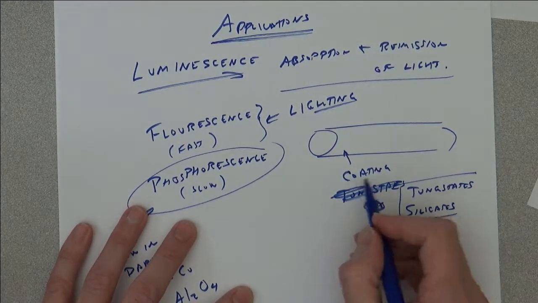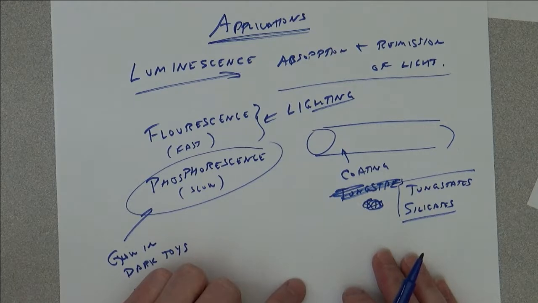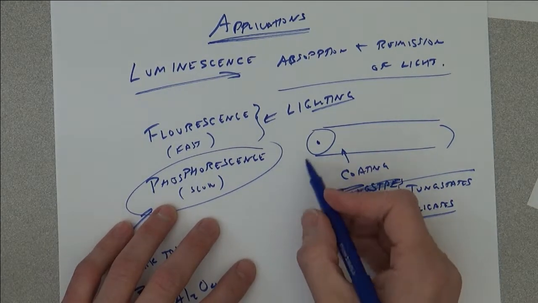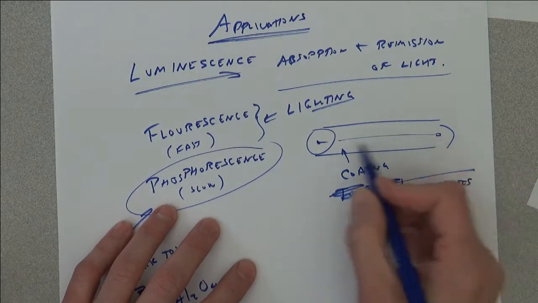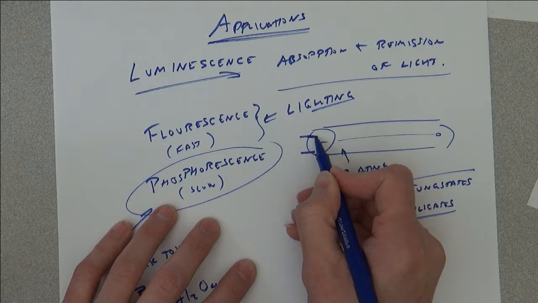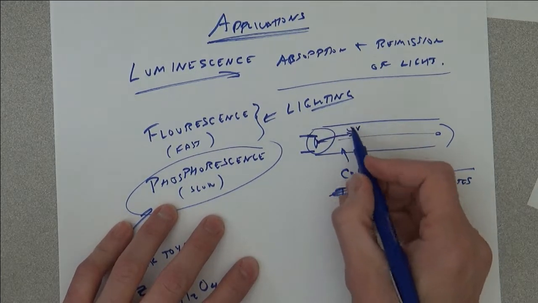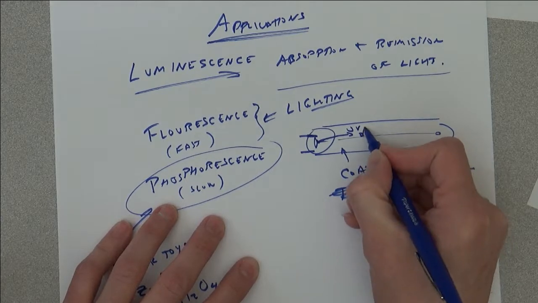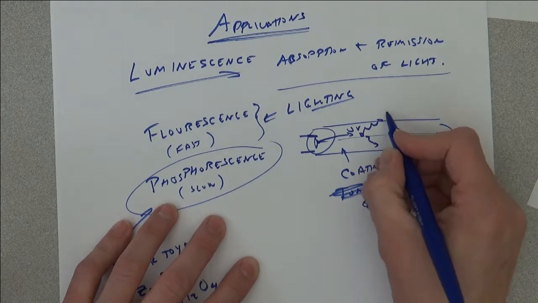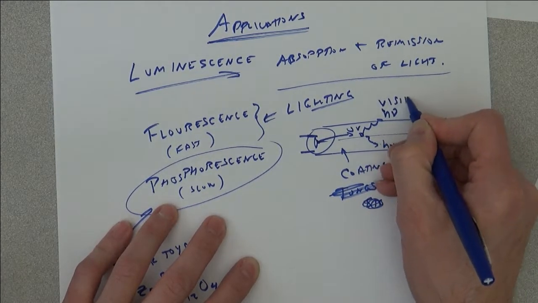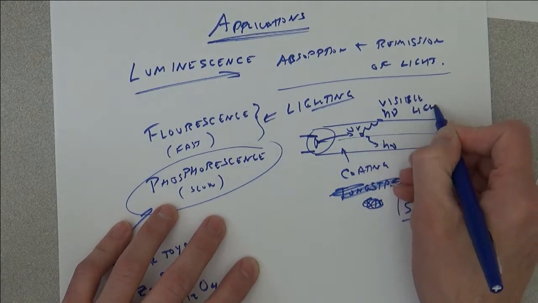These coatings are what fluoresces, in which you have some ultraviolet emission going on inside the tube. You plug this in, and this is going to give off UV. The UV interacts with the coating to give off visible light.